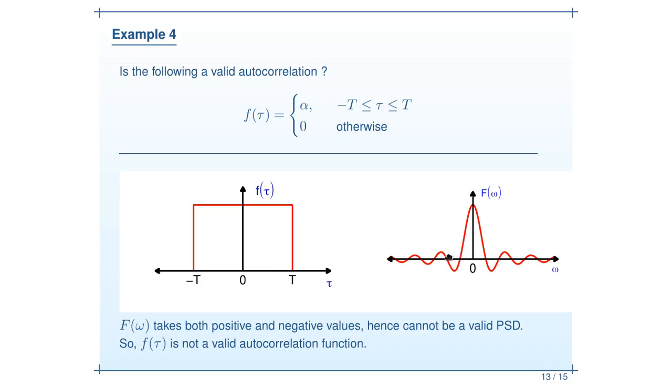This function takes both positive and negative values. So this Fourier transform cannot be a valid power spectral density because the power spectral density is known to be non-negative. Since this is not a valid power spectral density, this cannot be a valid autocorrelation function.